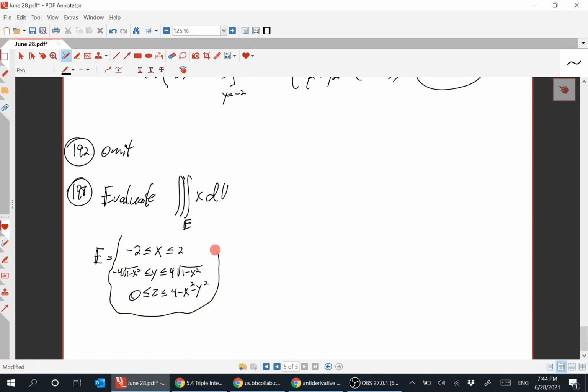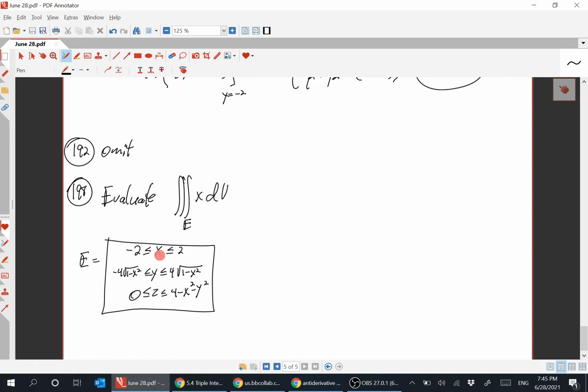Okay, so this is E. Since you've got the region described in this way, with three-dimensional regions we don't have type 1, type 2 anymore. There's like type 1 through 6, but who could keep track of which is which, right? It's just in whatever order you presented it.